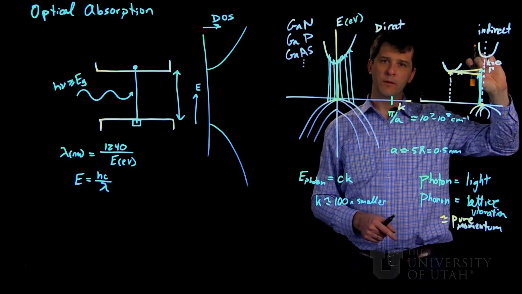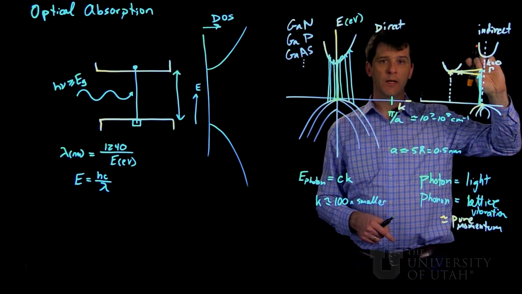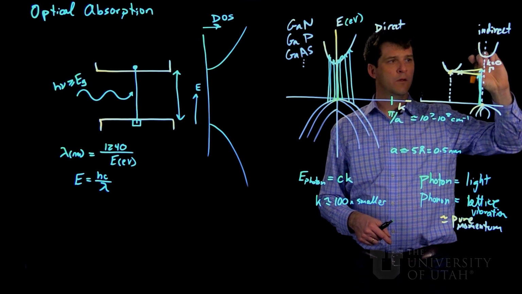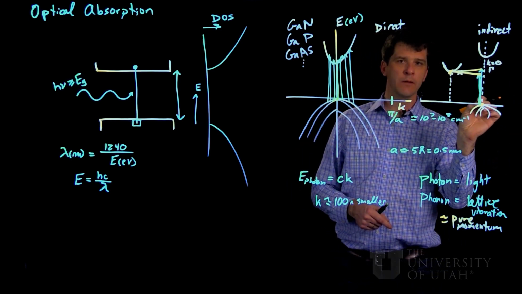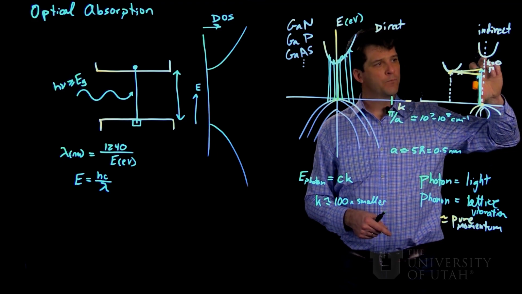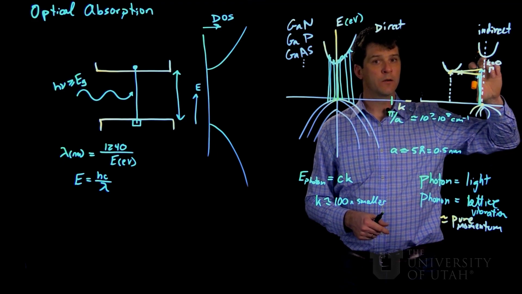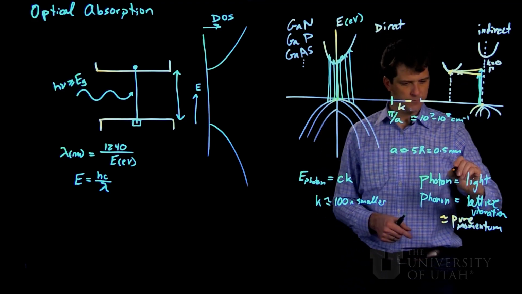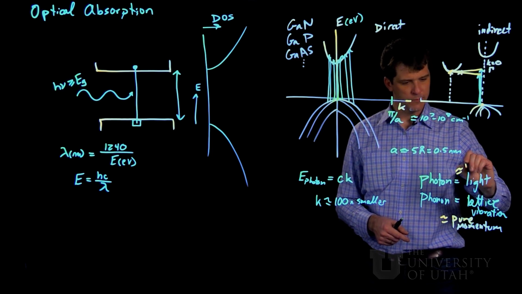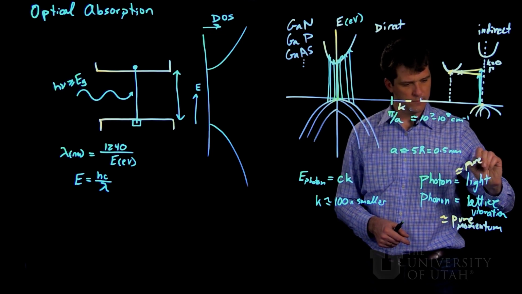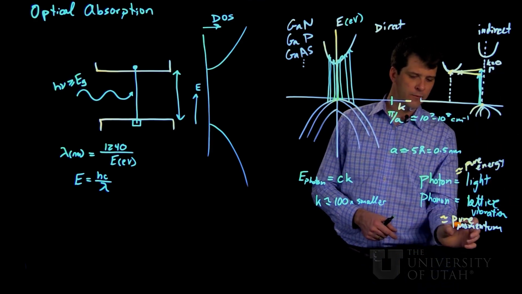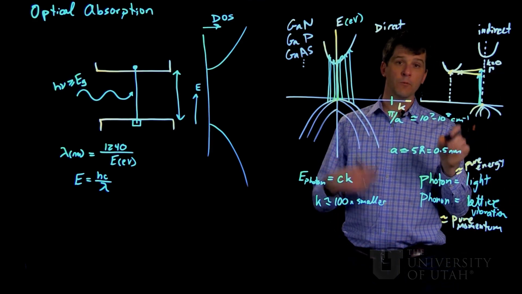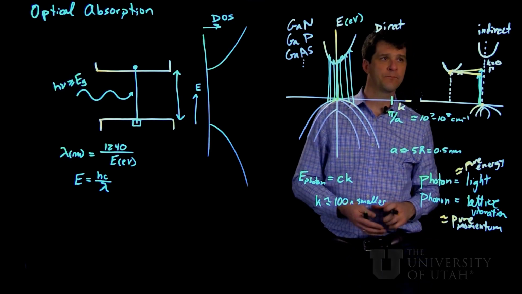So its energy might be measured in something like 10 millielectron volts, whereas a photon might have 1/100th of the momentum, but 100 or 1,000 times bigger energy. So a photon is almost pure energy, or a vertical transition. A phonon is almost pure momentum, or a horizontal transition.